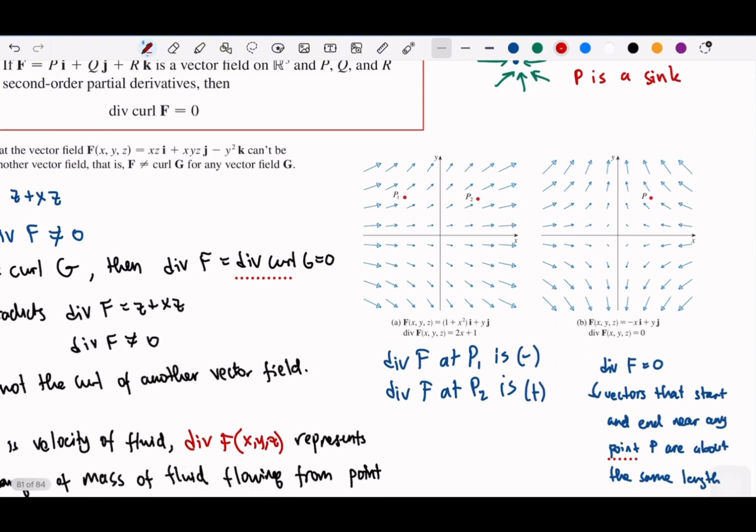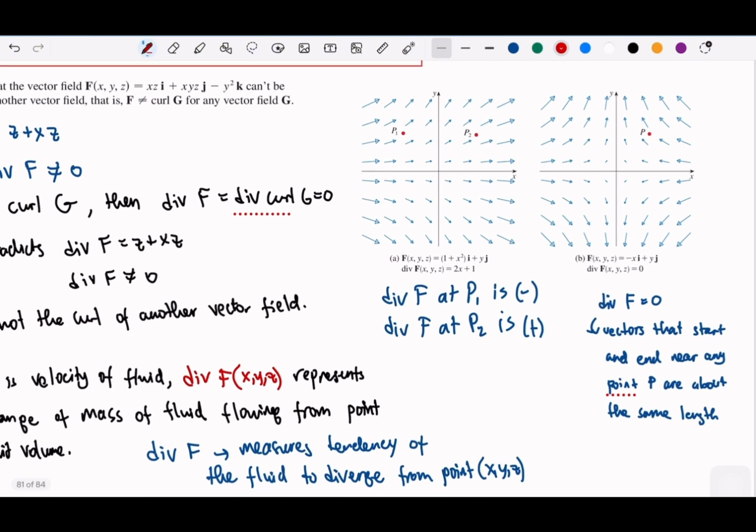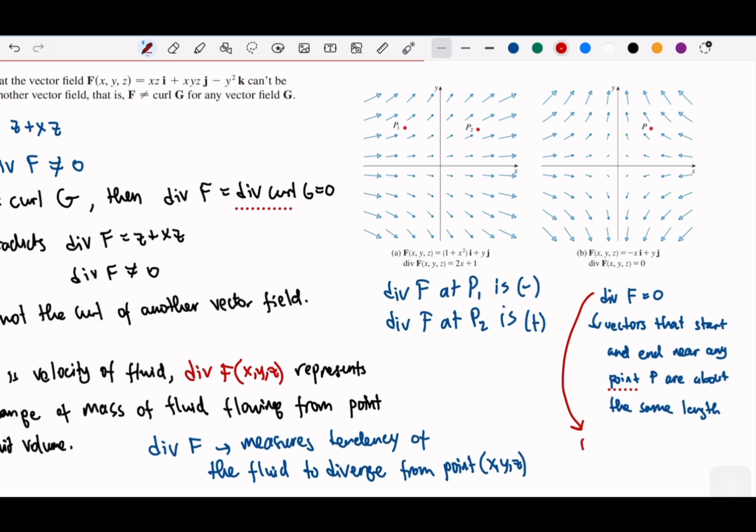And when you get div F equal to 0, you can write that it is incompressible.